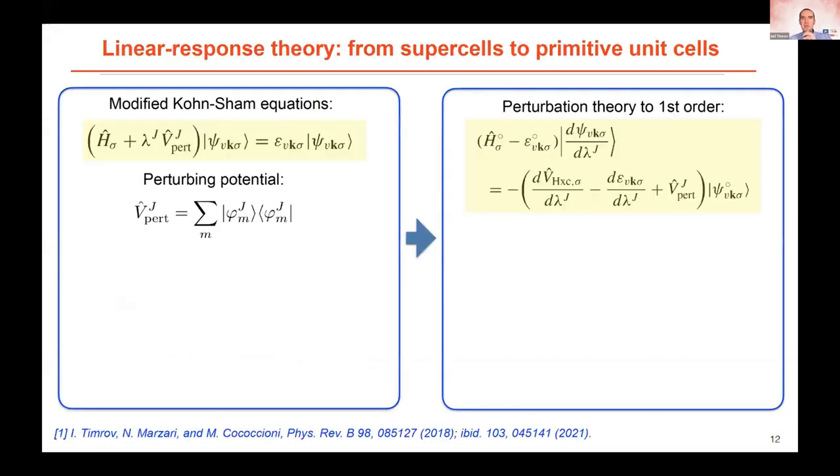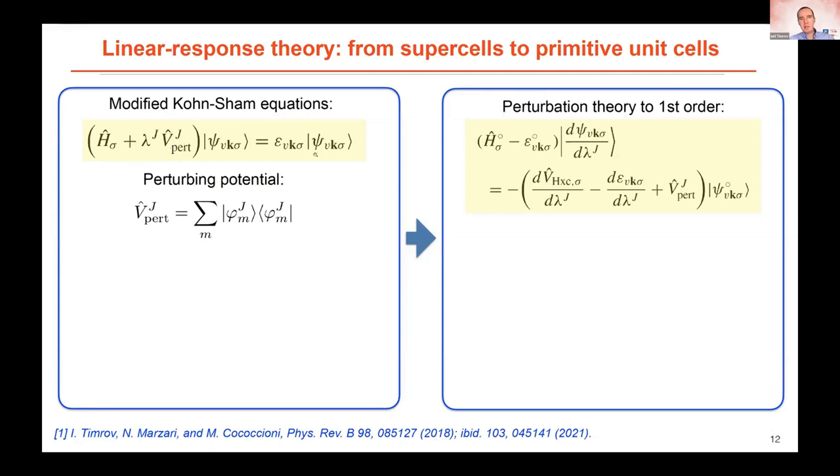So that brings us to this slide where we make this transition from the old approach based on supercells to the new approach based on primitive cells. As we saw before, on the left side, we see the modified quantum equations that we had to solve by inserting the perturbation inside our equation, lambda V perturbation.